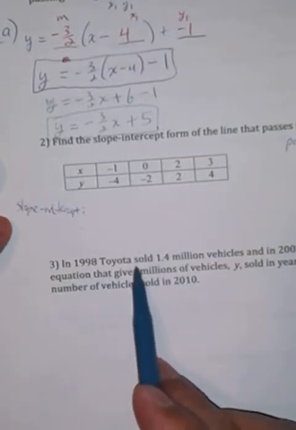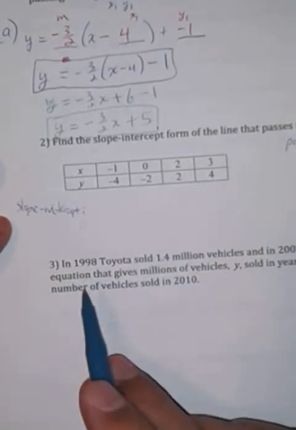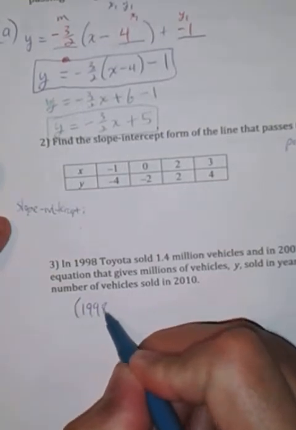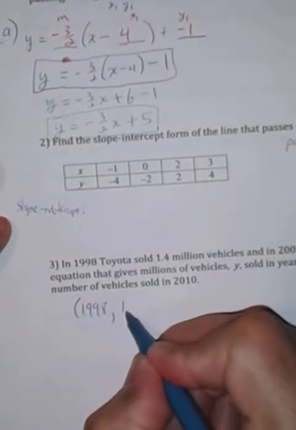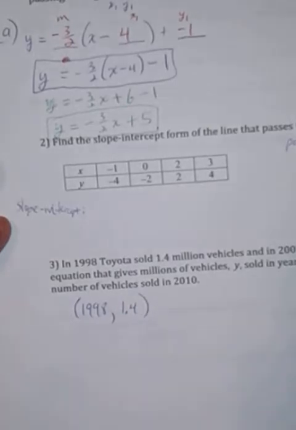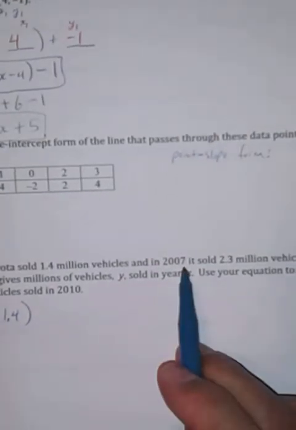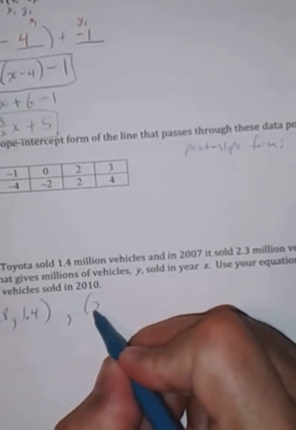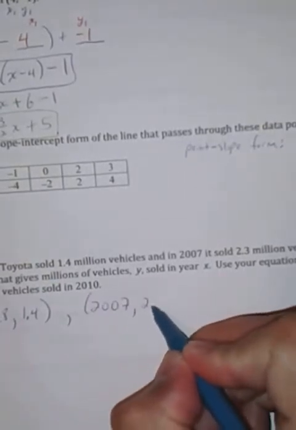There's 1.4 million sold in 1998. So the year is X, and that point, written as an XY pair, is 1998, 1.4. And the other set of data is in 2007, 2.3. So that's 2007, comma 2.3.